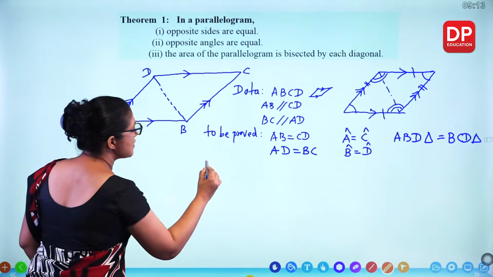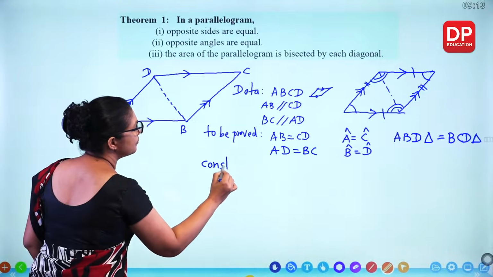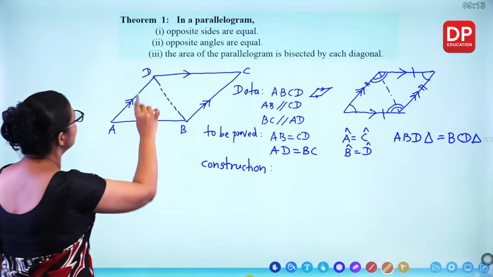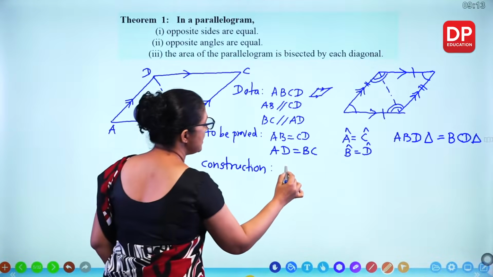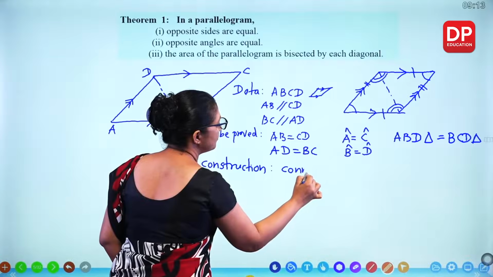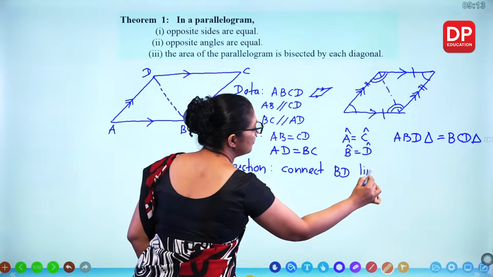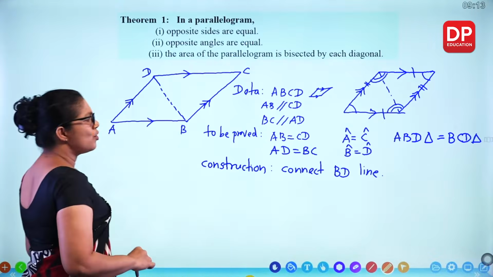Now we did a construction. Connect BD line. Now we'll start to prove that.